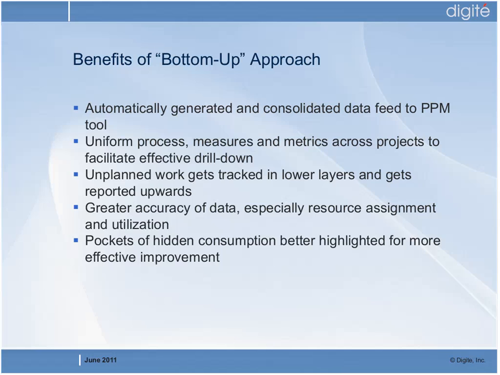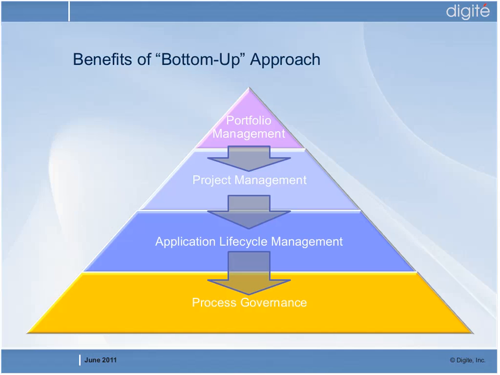So things like automatically generated data that is fed to the PPM tool, or uniformity of process that we talked about. The fact that we are able to now track unplanned work. One thing that, and I'll just go back to the previous slide for a second. One of the things that we've seen ALM tools do very effectively is that they are able to provide feedback to management on where there might be unplanned work going on.